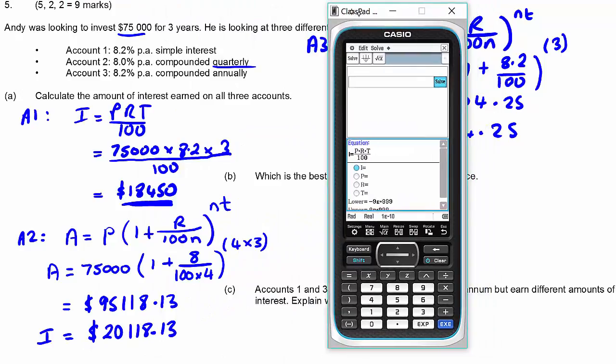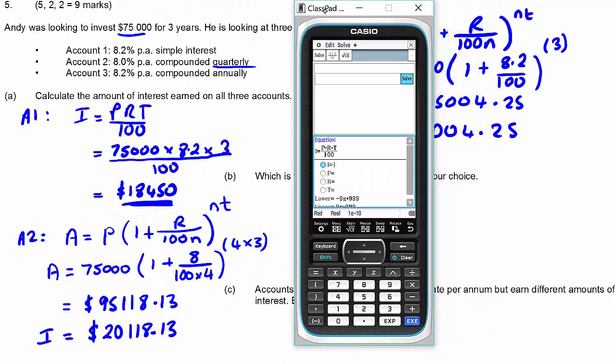If I move this over here. So we know that the principal was 75,000. Our interest rate, notice how mine's set up PRT over 100. So the interest rate goes in as 8.2. If your version doesn't have the 100 on the bottom, you have to put it in as a decimal rather than as a percentage.